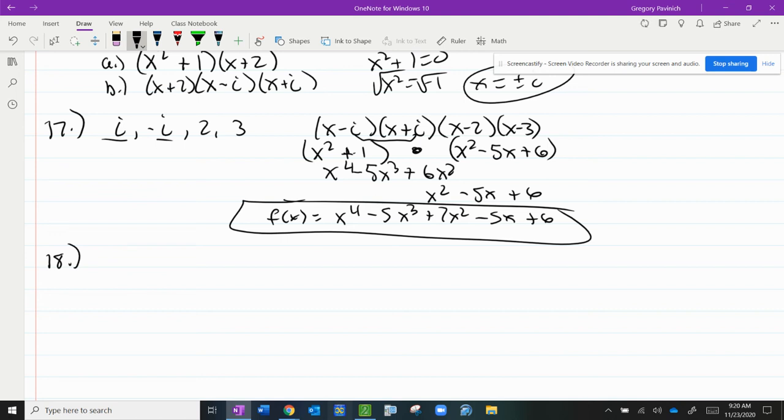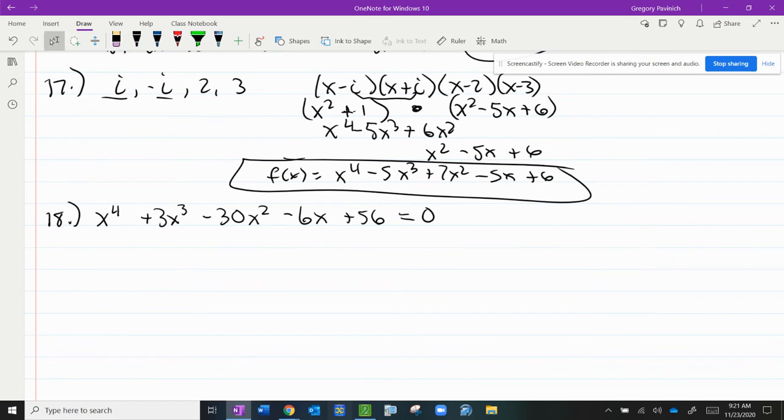Find all the zeros and factors of this and just sketch and determine. Okay, let's do it. X to the 4th plus 3x cubed minus 30x squared minus 6x plus 56 equals 0.